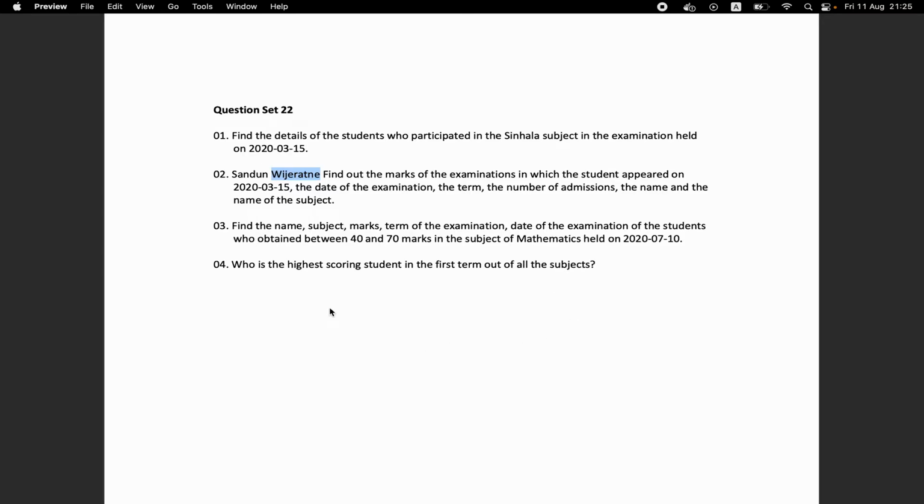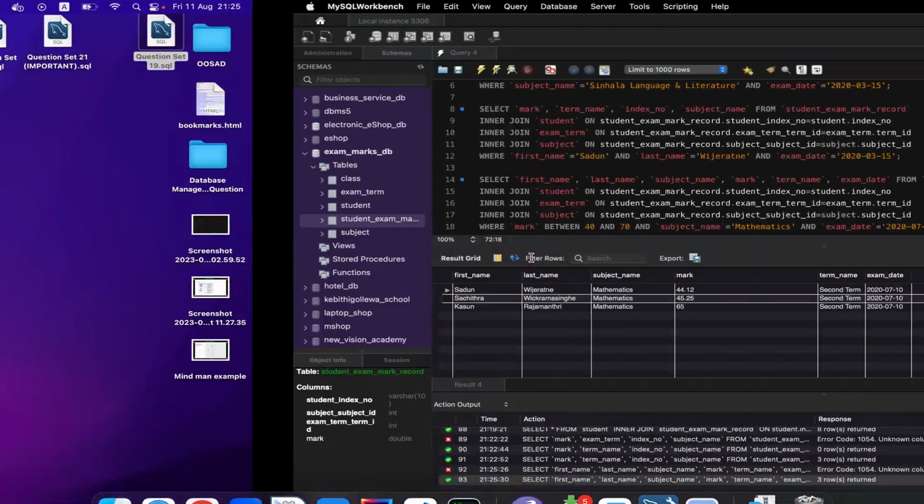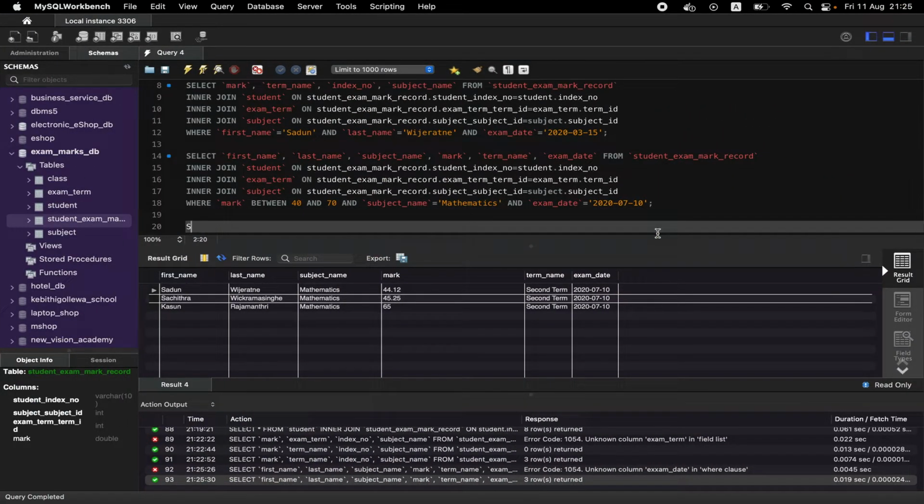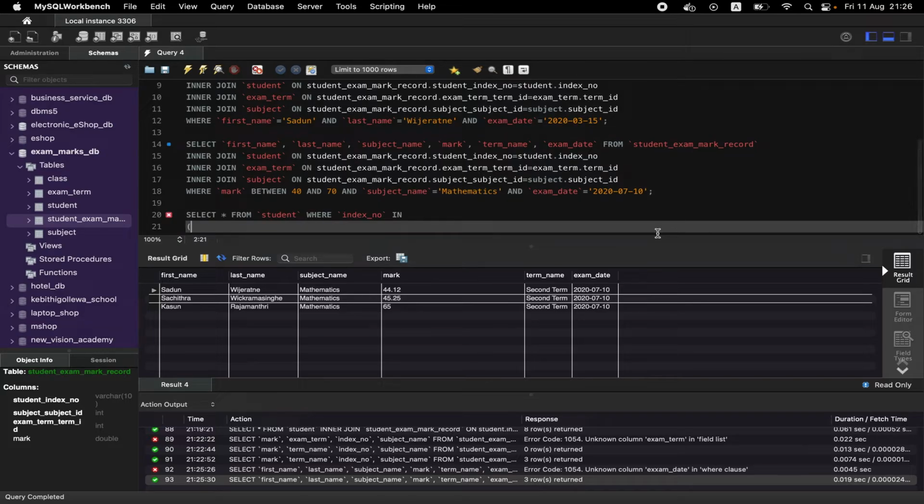The last one is: who is the highest scoring student in the first exam out of all the subjects? So to get the answer, select everything from student where index number in, I'm going to write a subquery.